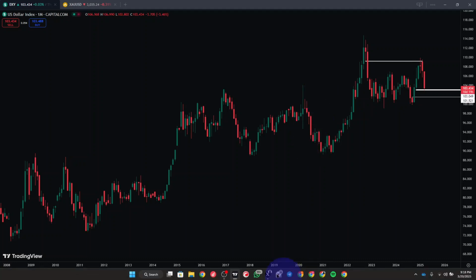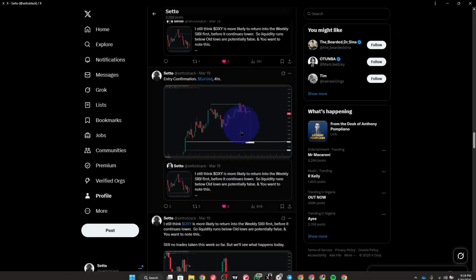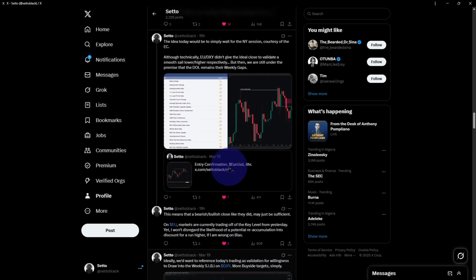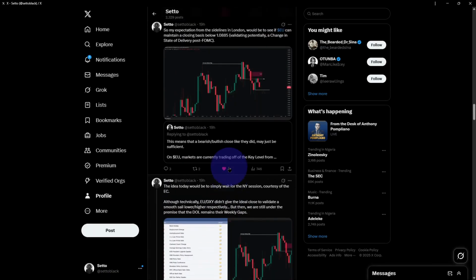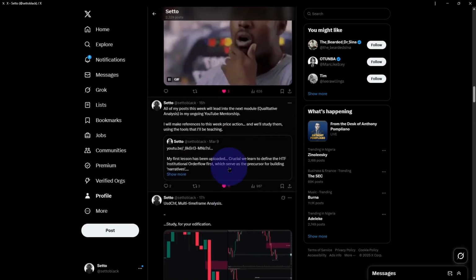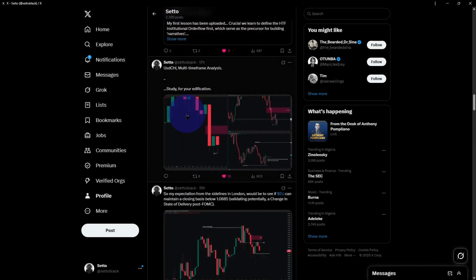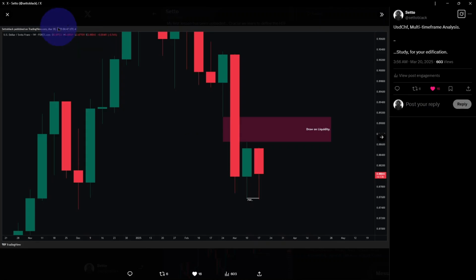For example, today I was making a tweet on my X account on USDCHF. I was talking about USDCHF weekly time frame, and I said the draw on liquidity here is the fair value gap. All right, and market traded below the previous weekly low.